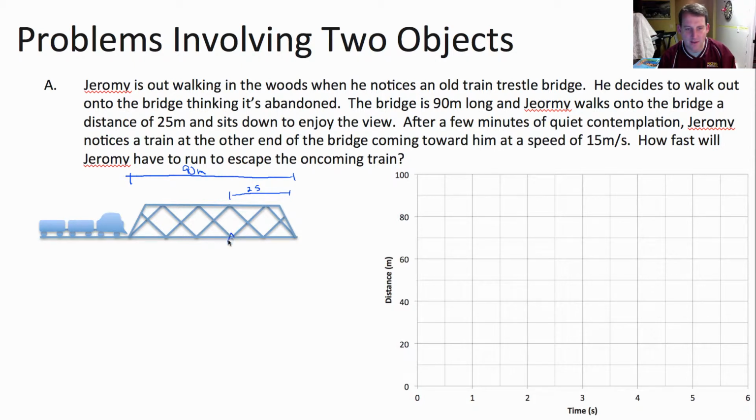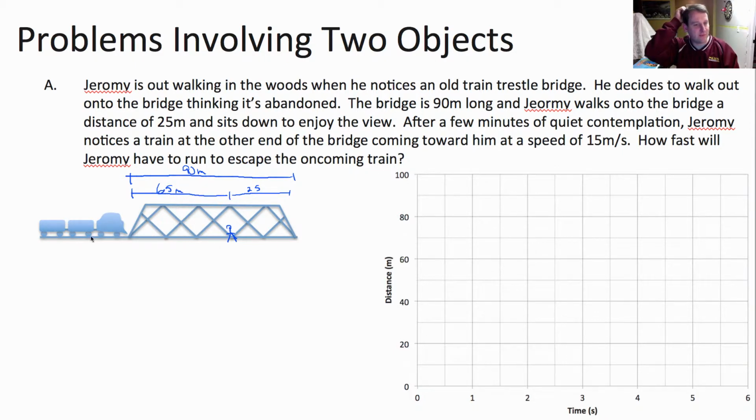And so he's sitting right here, enjoying the view, right? If he walked on 25 meters, that means he must be 90 minus 25, which is 65 meters from the other end of the bridge. So these will all be good things to know in the future.